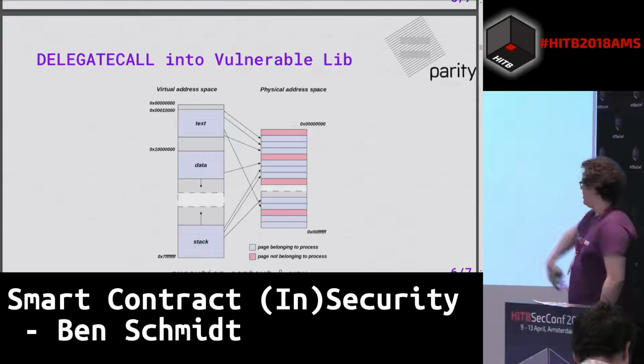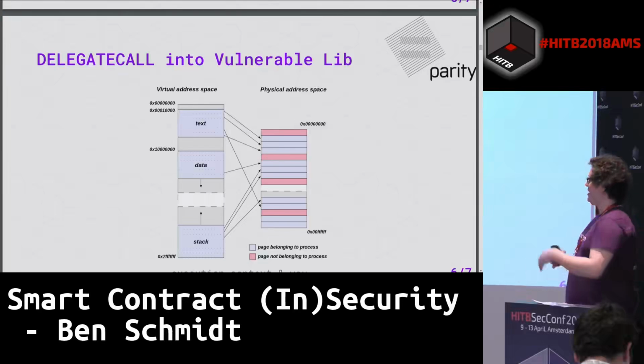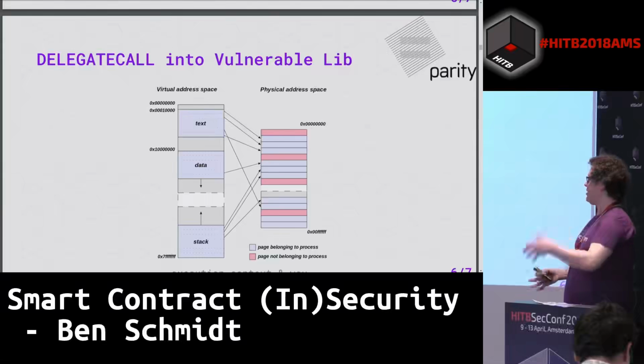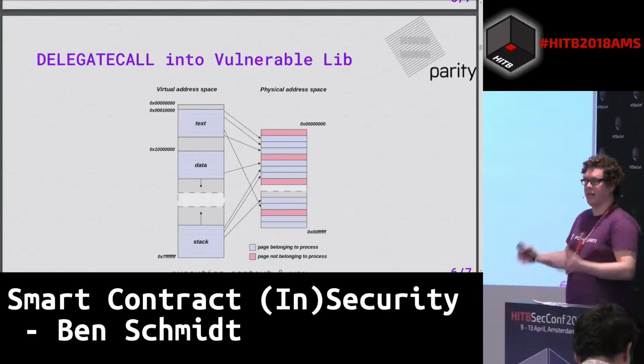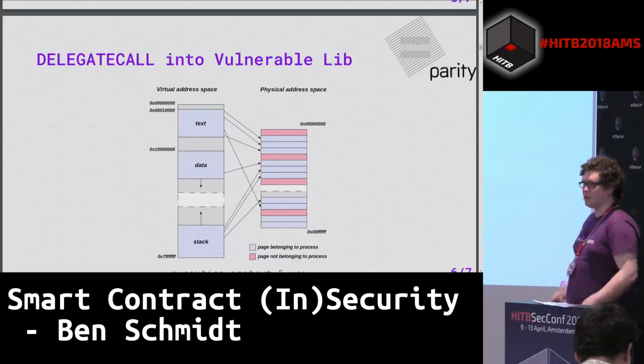And just sort of a comparison, it's sort of like swapping out the text section in a binary. So, if you dynamically swapped out what code is actually running, but you maintained the actual data and the stack stuff of the currently executing process.